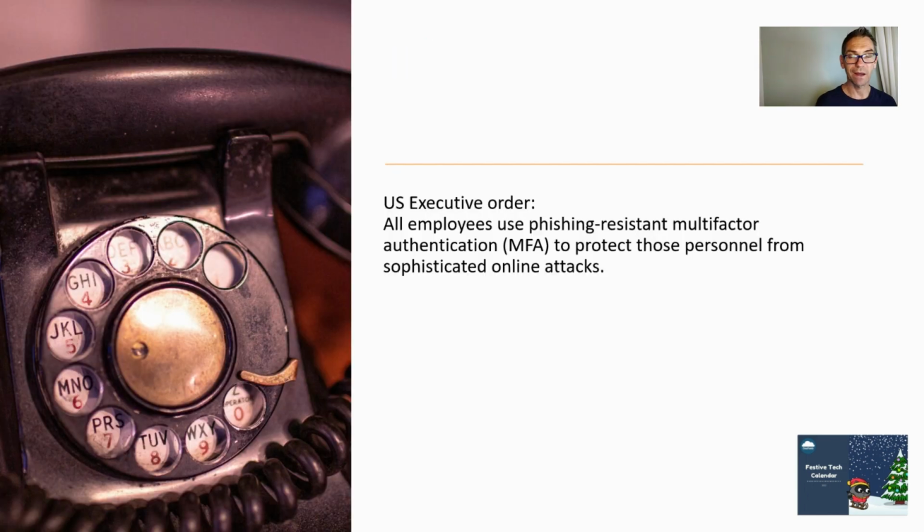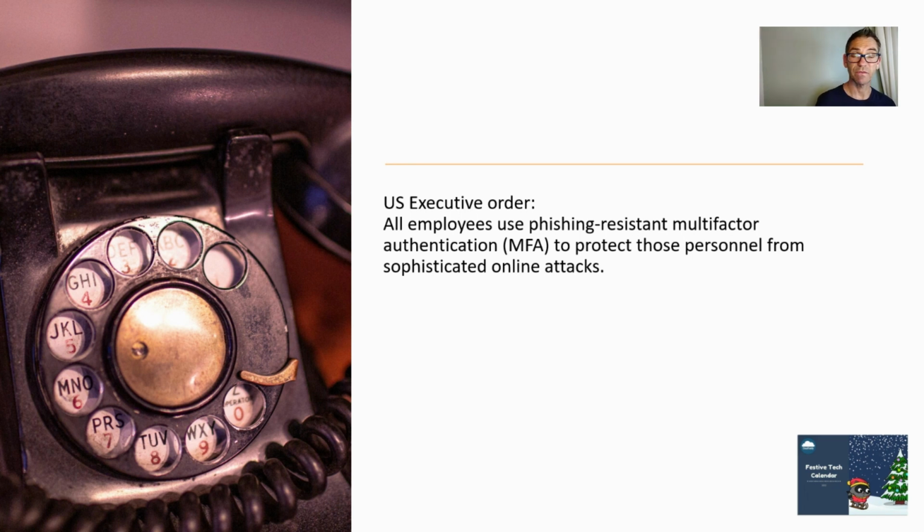Now, it's time for us to hang up the phone. So put down, or stop using, those verification methods that rely on the public telephony networks, and stop using SMS and voice.